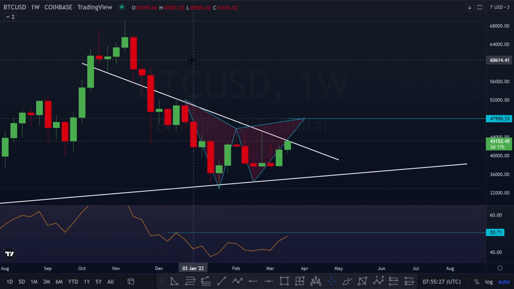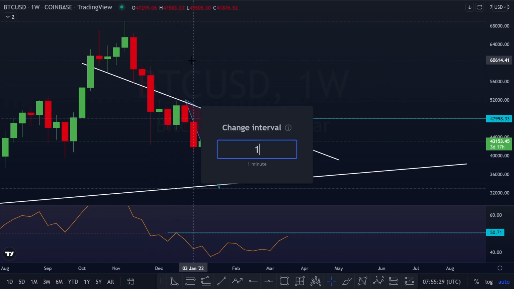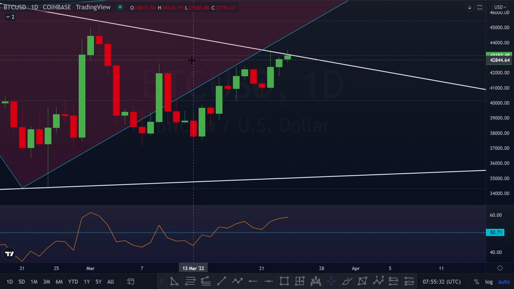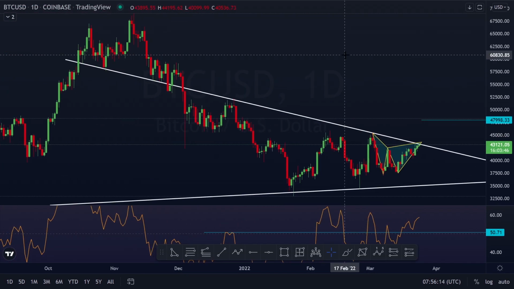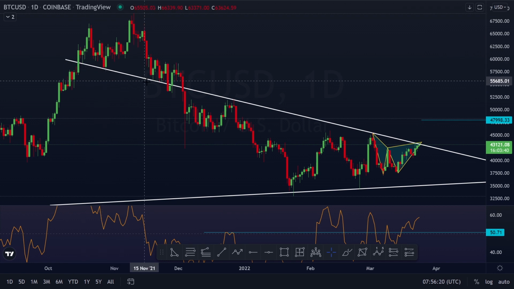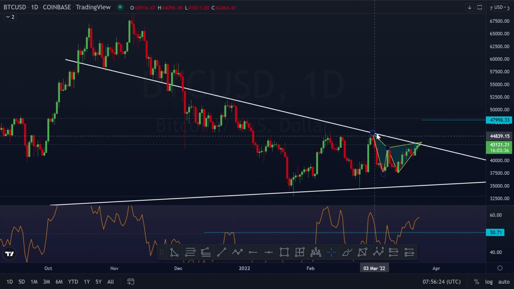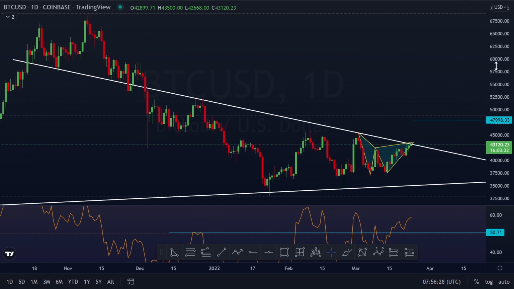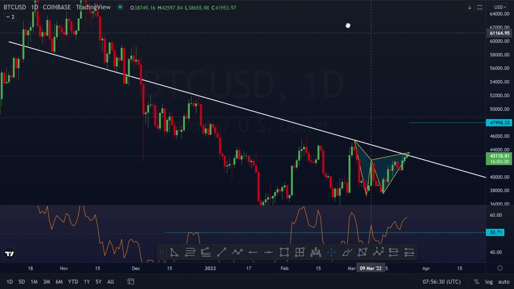So let's move down to the 1-day time frame and see what's going on there. So we have this diagonal support and resistance. We can see support, support, support, support, resistance, resistance, resistance. So this is currently the level that Bitcoin is struggling with right now.